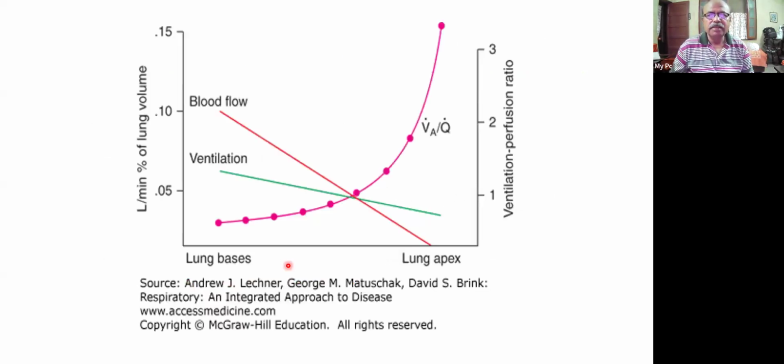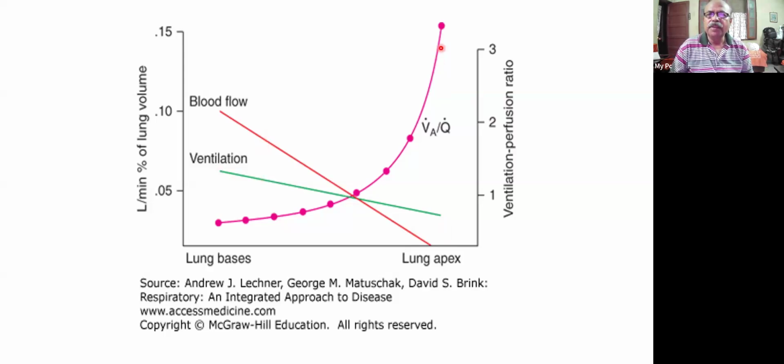Now, if you take this picture here, you can see the lung apex and the lung base, and the blood flow or the perfusion is much more towards the base. The ventilation is also much more at the base than the apex. But the blood flow increase is much more than the increase in ventilation.